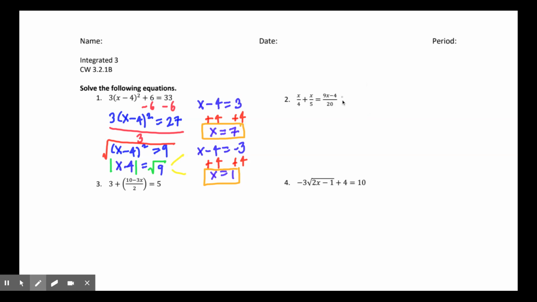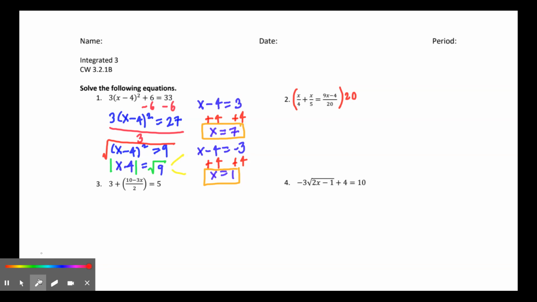Okay, and then for this one, you want to get rid of these fractions. So you want to multiply by something that will get rid of the 4, 5, and 20. So you want to multiply everything by 20 because 20 is divisible by 4, 5, and 20.